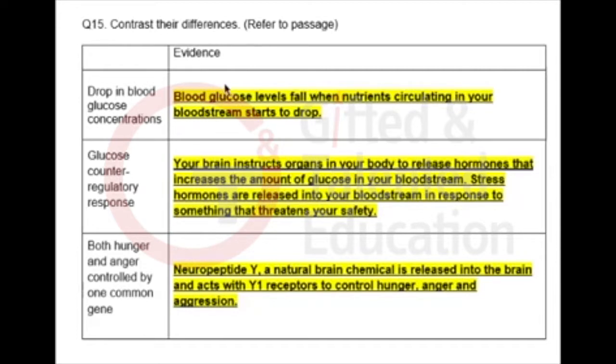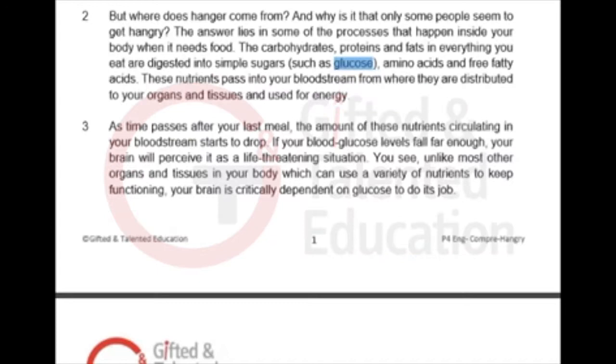How do we react to this? How does the body react to this? The body has this glucose counter-regulatory response. So this is a reaction of the body in response to low glucose levels, because the brain really needs glucose as a fuel. Remember? So there you go. Where can we find evidence for this?